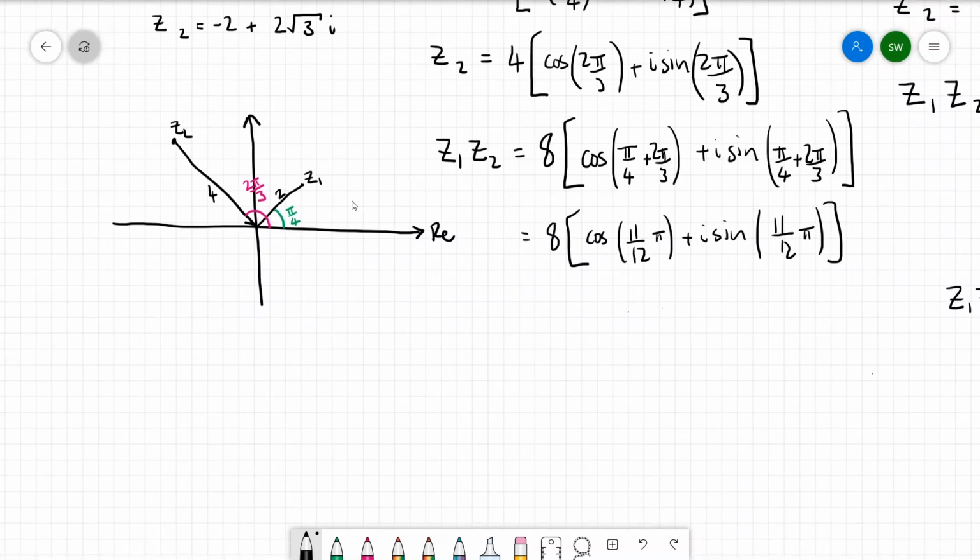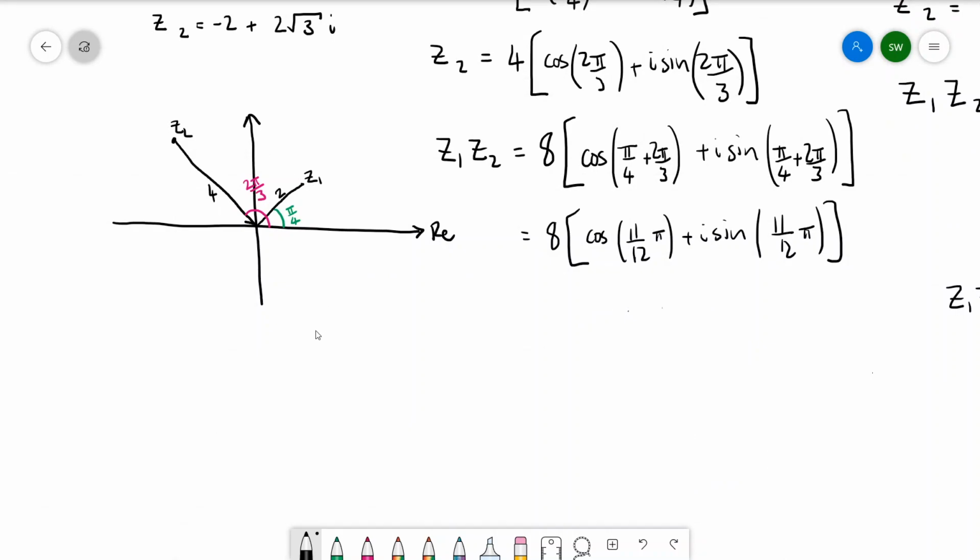So if we were to look at this geometrically, I've put z1 and z2 on an Argand diagram. In order to multiply these two complex numbers together, we've got a new complex number which is 8 away from the origin. So further away from the origin, it's out there. We've done 2, the modulus of that one, times by the modulus of that one to get 8.